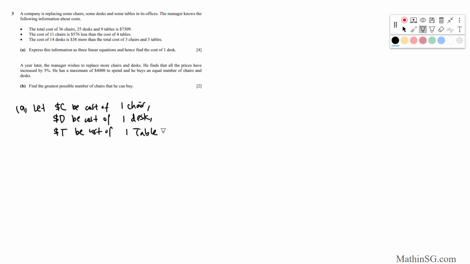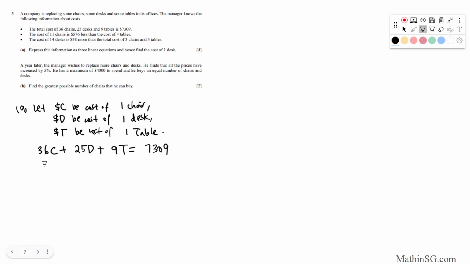Now let's use this first information here. I have 36 chairs, so it's 36C plus 25 desks, 25D, plus 9 tables, 9T, equals $7,309. That's my first equation.